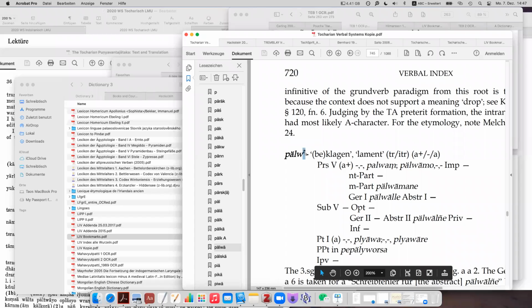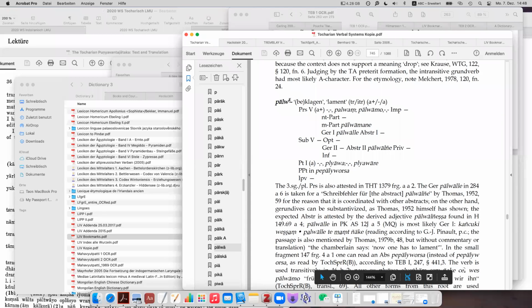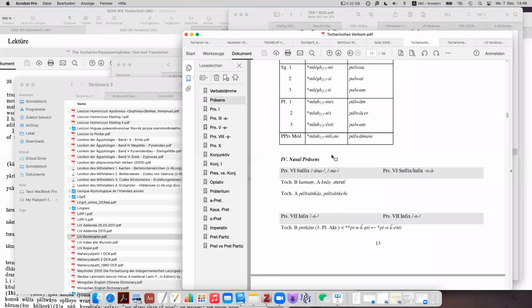It means that it is a so-called a root, corresponding to the Sanskrit set root, and it goes back to a final laryngeal. This is the reason why it is called an a present, because laryngeals between consonants turn into a in Tocharian.